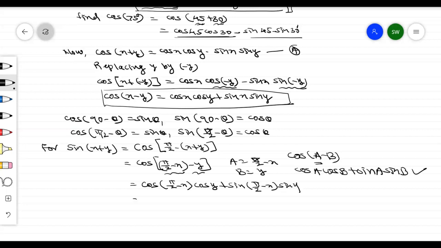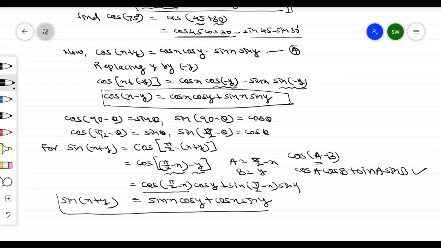So cos of pi by 2 minus x is sin x, into cos y. Sin of pi by 2 minus x is cos x, so plus cos x into sin y. So sin of x plus y is sin x into cos y plus cos x into sin y.